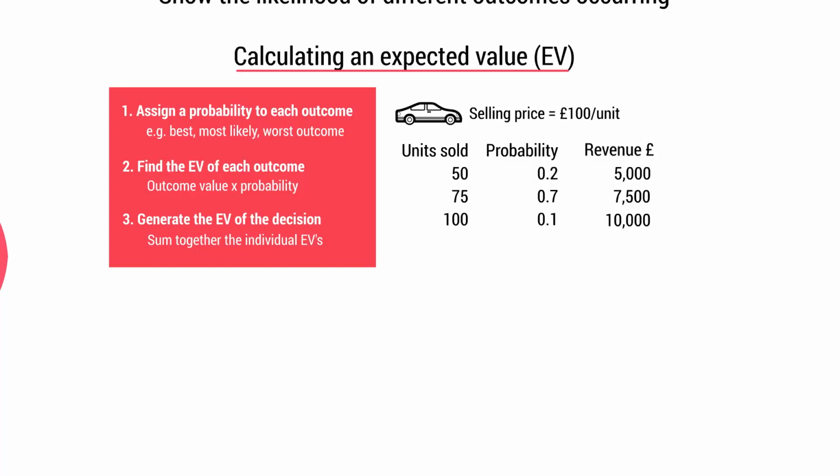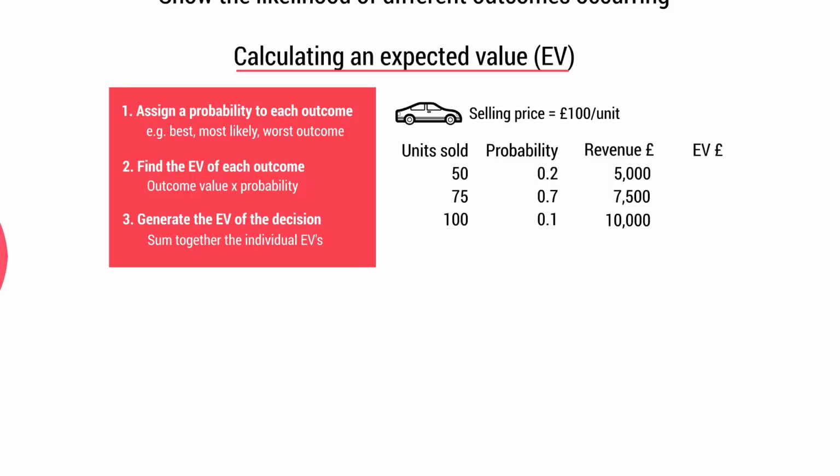And then we multiply that by the probability to get the weighted outcome. So, for example, we would multiply 5,000 by 0.2, and that's to take into account the fact that that outcome is far less likely, so it should have a lower weighting. So multiply the revenue by the probability to get the expected value.